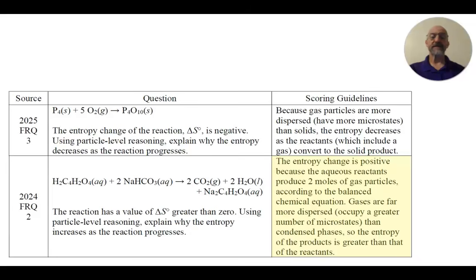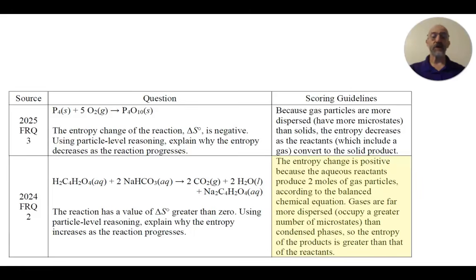Now, that first sentence is fine, but it's not enough to earn the point because we haven't mentioned the particle level feature of this question. So here's the particle level explanation that is required to earn the point: gases are far more dispersed or occupy a greater number of microstates, or you could say a greater number of arrangements, than condensed phases. So the entropy of the products is greater than that of the reactants.